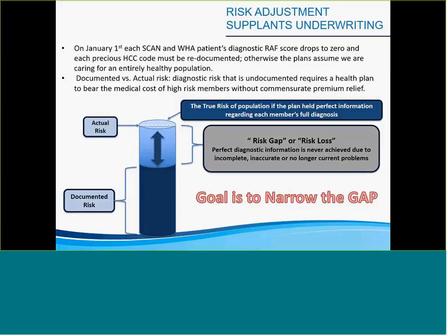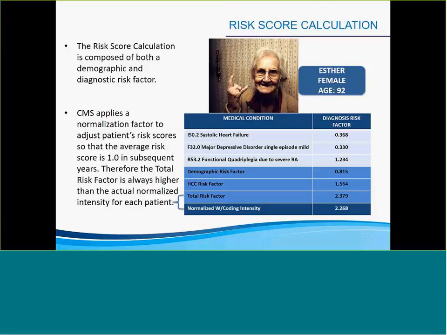The actual risk, we'd like everything to be the dark blue, so we're capturing all the conditions that determine the payment from the payers. For example, if you look at Esther, who's rich right now, if you look at her demographic risk factor, it is 0.815 there on the right side.